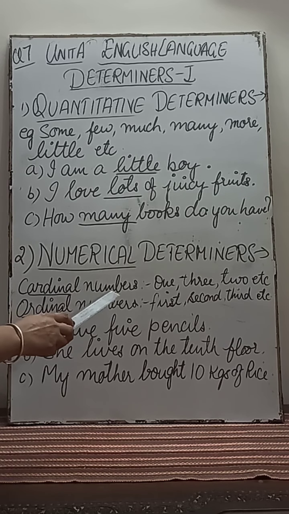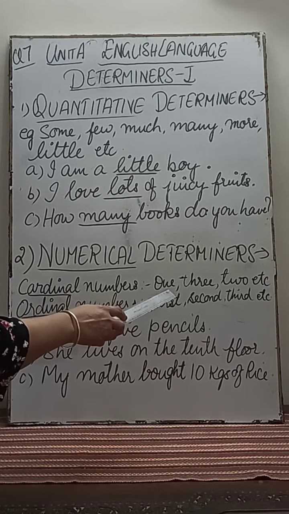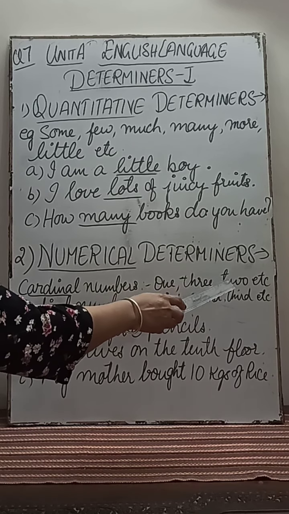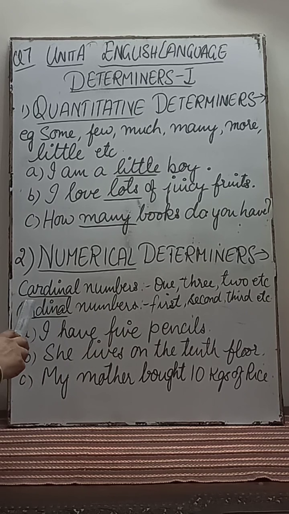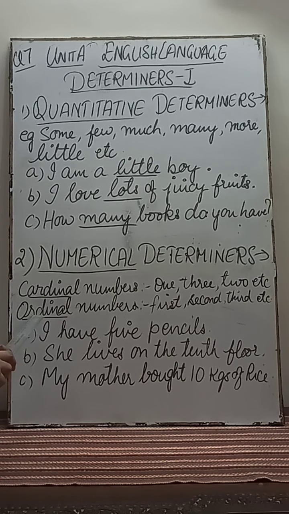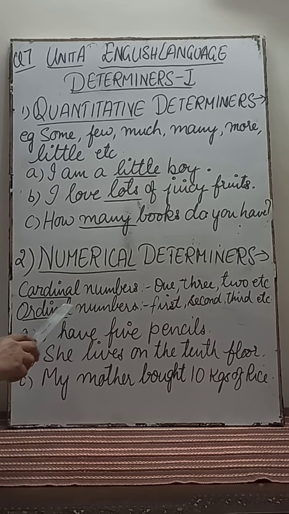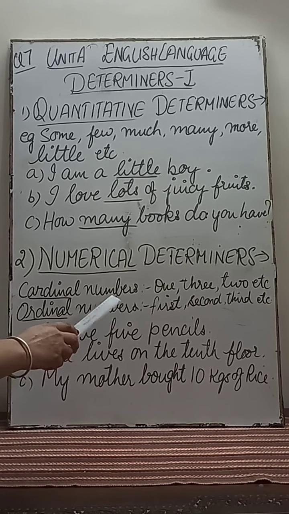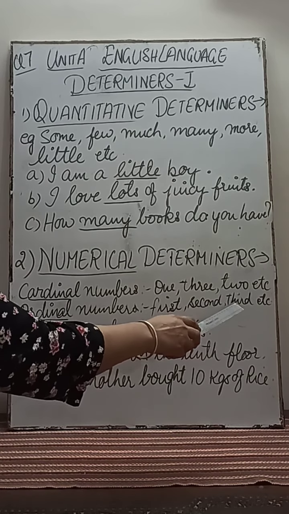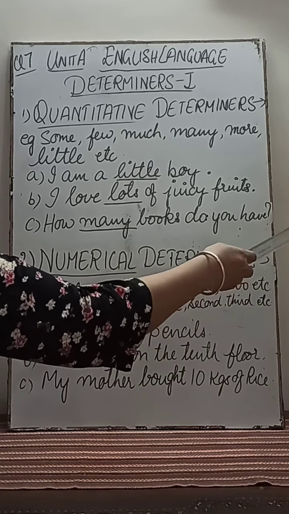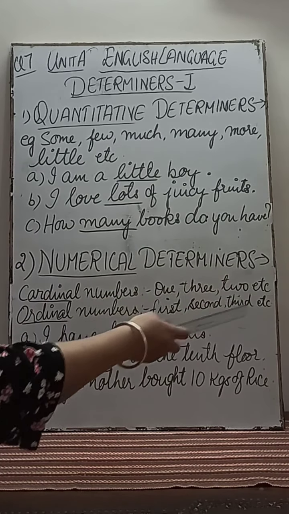In cardinal numbers, we use words like 1, 2, 3, 4, 5, 6 as numbers, right? So they are called cardinal numbers. The second is ordinal numbers. In ordinal numbers, we indicate order, right? First, second, third, fourth, fifth, and so on.